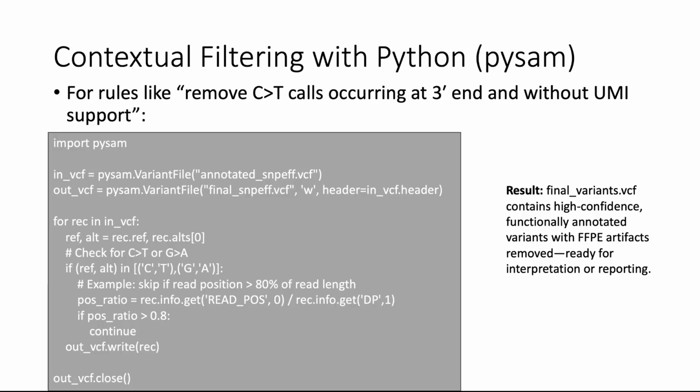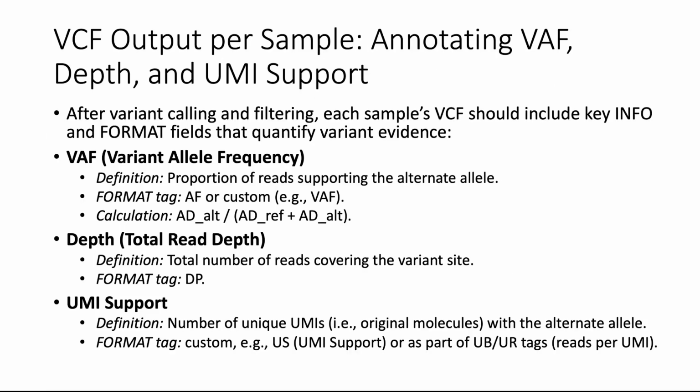There are additional tools which could be used for contextual filtering, and as a result we should have an annotated VCF file covering INFO and FORMAT data related to our sample.